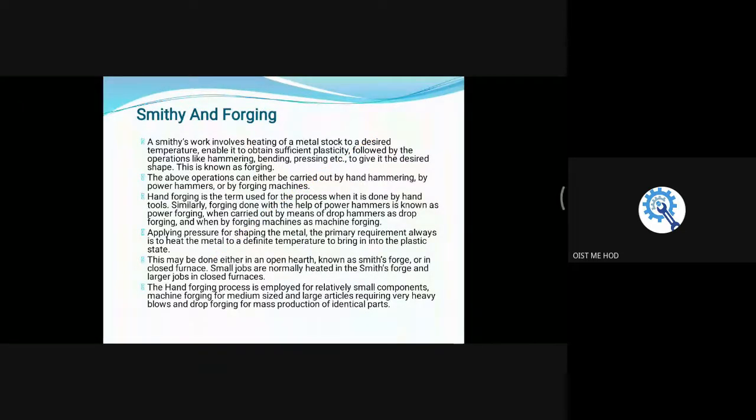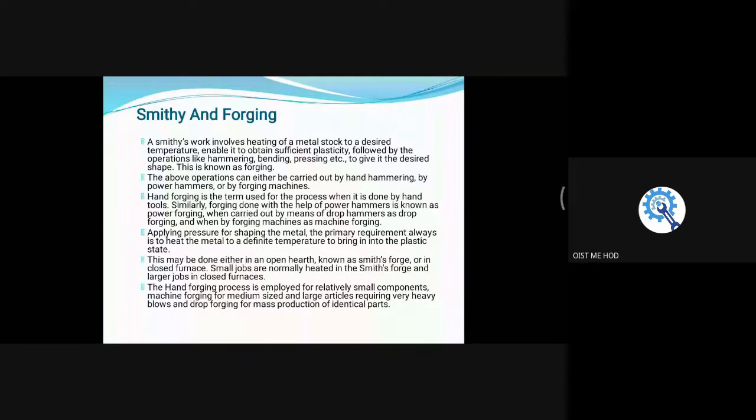इसके बाद है क्या, स्मिथी एंड फोर्जिंग. Smithy and forging you can see on the roadside itself, because some people they are making chisel, they are making cutting tools, etc. You can see in the roadside they are using a blower. And blower से क्या करते हैं, उसमें मेटल को प्लास्टिसिटी टेम्परेचर पर हीट करते हैं. हीट करने के बाद उसको फोर्ज करते हैं. फोर्ज करना मतलब क्या, हिंदी में उसको कहते हैं पीटना. पीटना मीन्स अब उसको हैमर से पीटते हो. और इसको लोहारी वर्क भी कहते हैं. लोहारी वर्क मतलब स्मिथी वर्क.